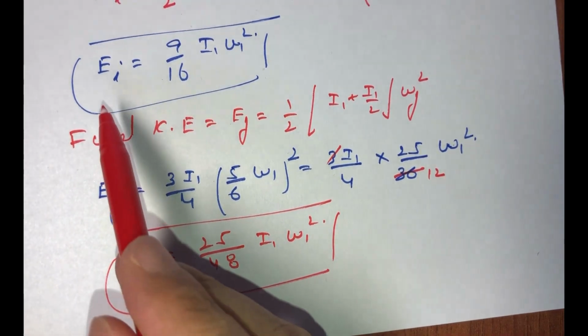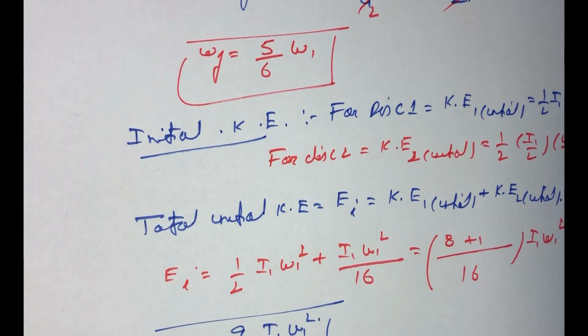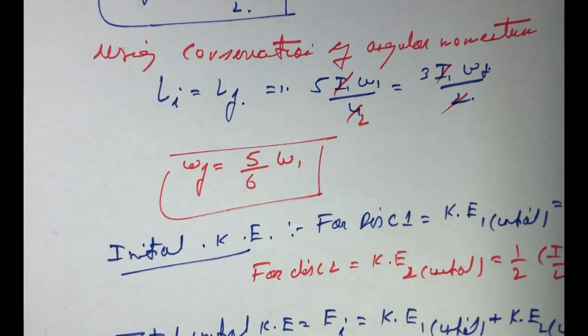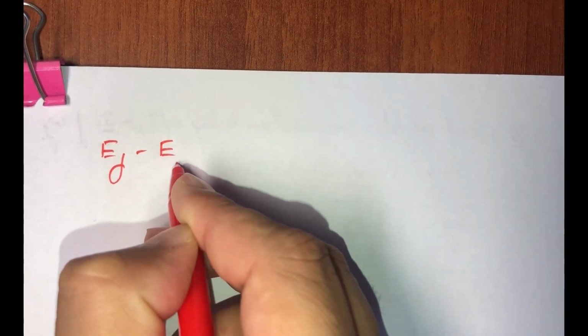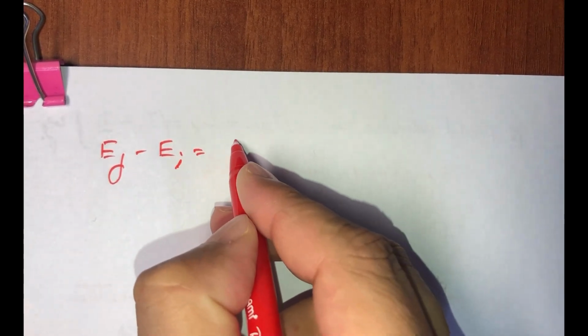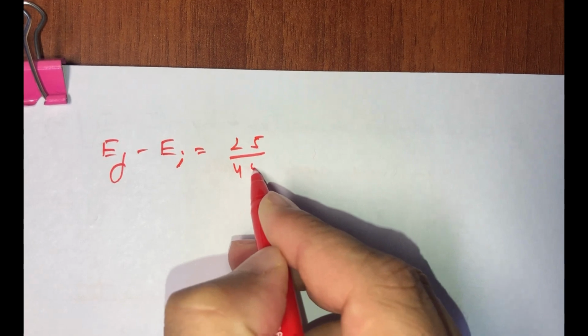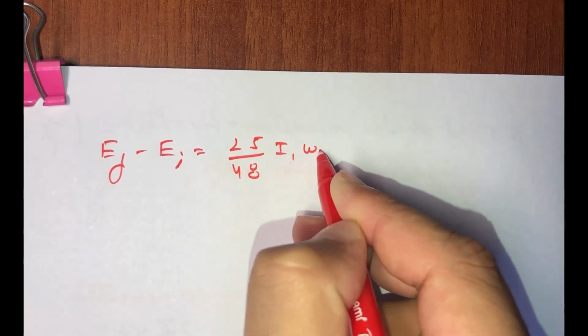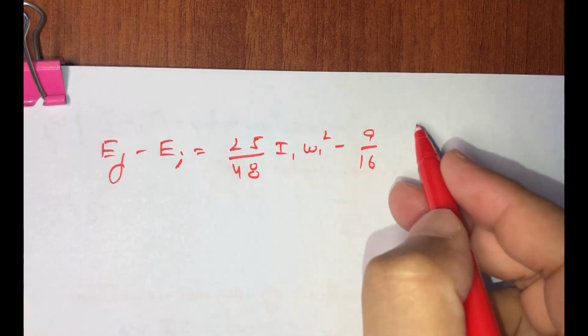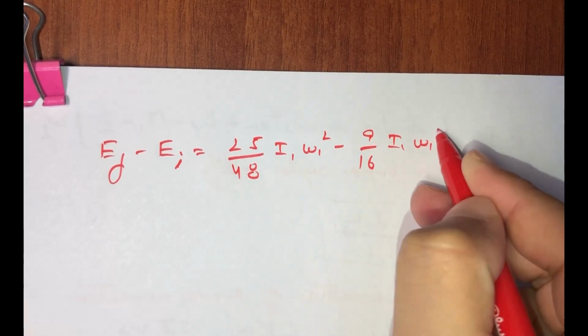So we got EI as well as EF, and we are supposed to find EF minus EI. Therefore EF minus EI, that is final energy minus initial energy, will be equal to 25/48 I1 omega 1 square minus 9/16 I1 omega 1 square.